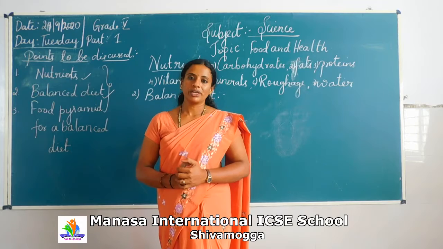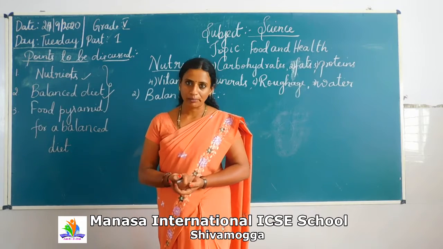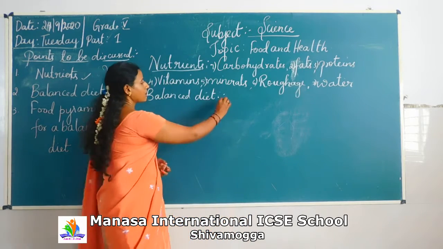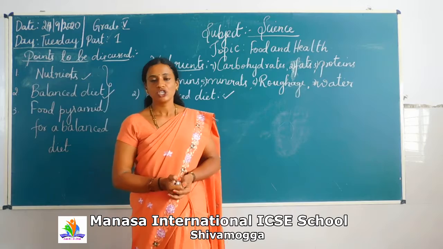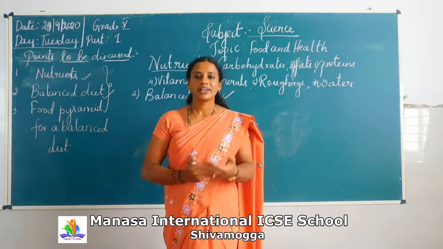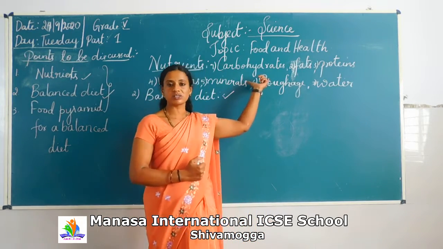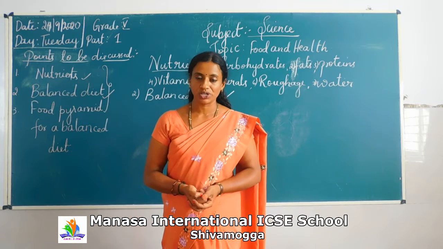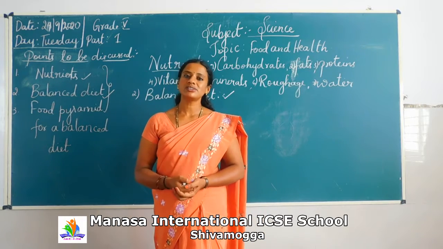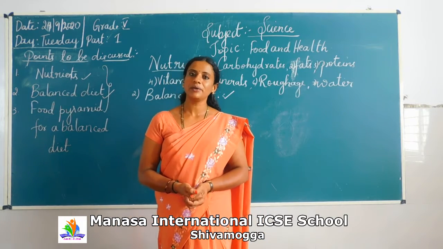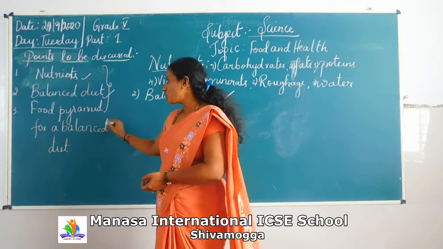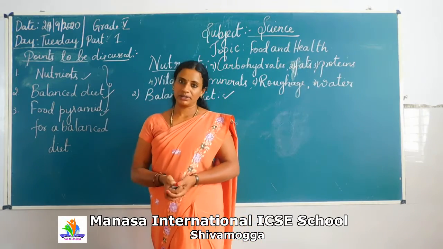If you are consuming all the nutrients in the required amount, then it is called a balanced diet. So a diet which includes all the essential nutrients in the required amount is known as a balanced diet. Is it clear? Okay.